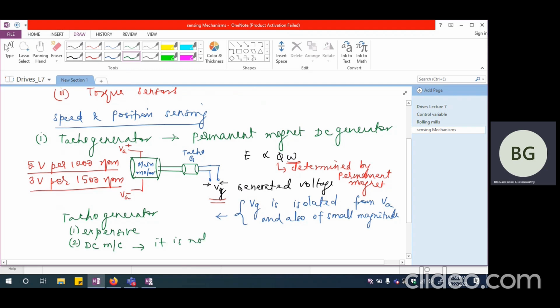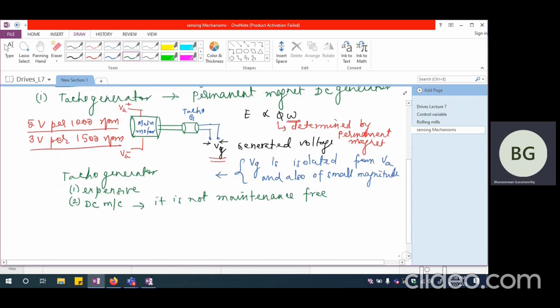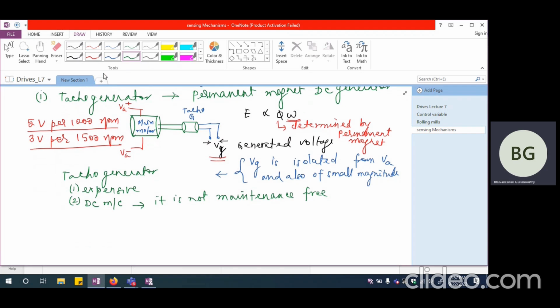You have to make sure that it is maintained on a regular basis. So these are the two major problems. There are other mechanisms with which you would be able to sense the speed. The second mechanism that we are going to talk about for sensing the speed is an encoder.